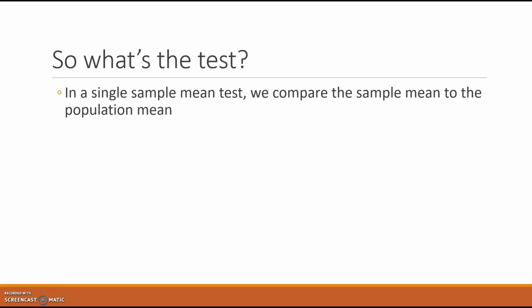Remember we were talking about that the hybrid mileage is assumed to be 50, and so you take a sample and you want to compare the mean of those sample hybrids that you pulled out to the population mean, which we're assuming is 50 miles per gallon.